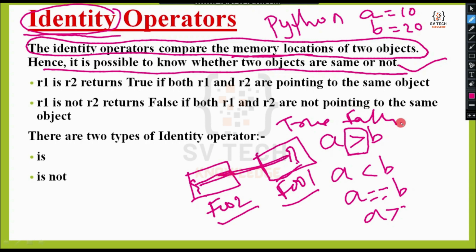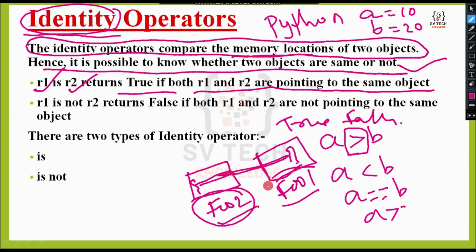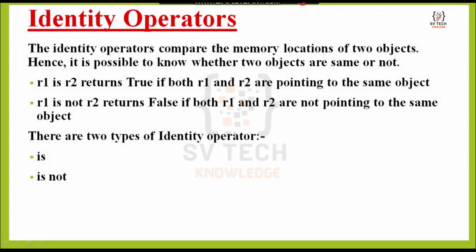Here R1 and R2 return true if both R1 and R2 are pointing to the same object. If these both addresses are pointing to the same object, then it will be true, otherwise it will be false. Like this we are going to check the identity operation.